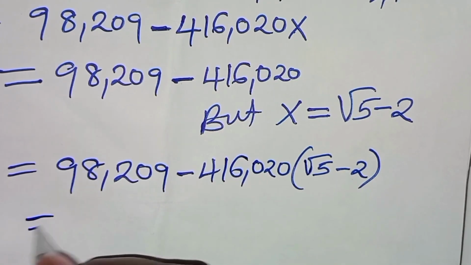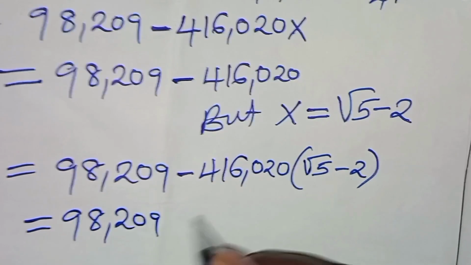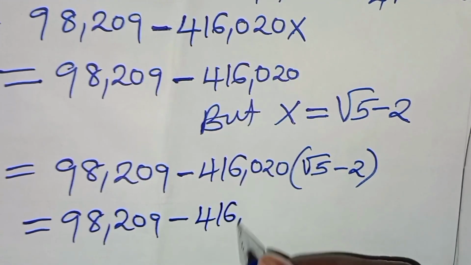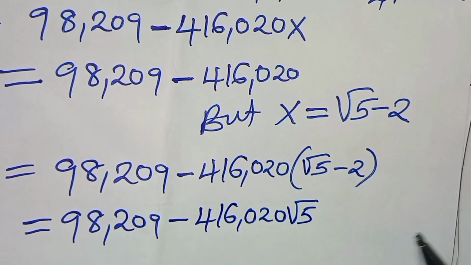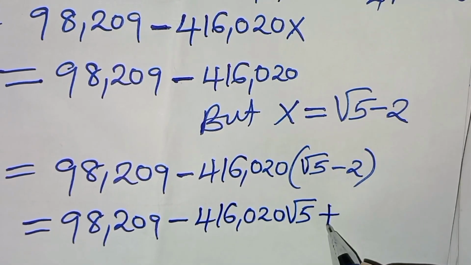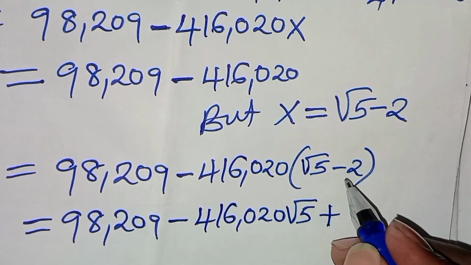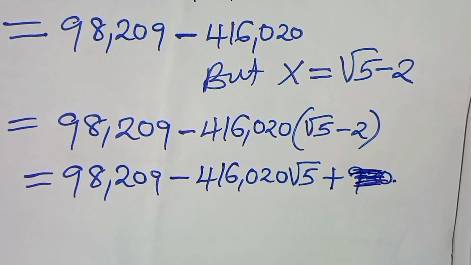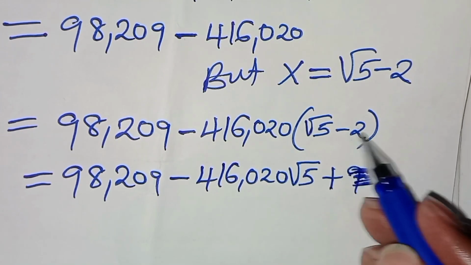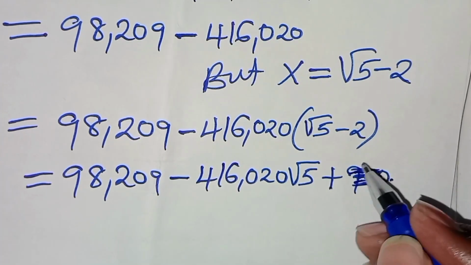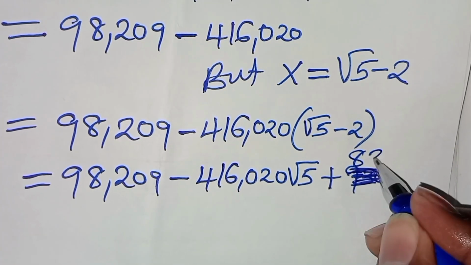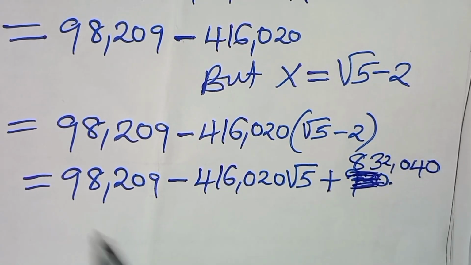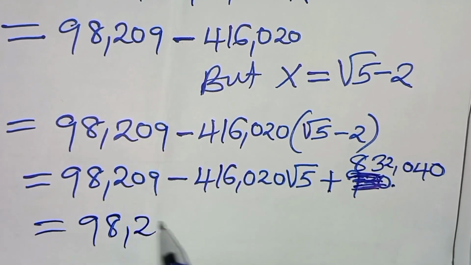The next step here, we'll have 98,209 subtract 416,020 times this, so we'll have 416,020 square root of 5, plus, because this is negative 416,020 times negative 2, and negative times negative is positive, this gives us a value of 832,040.